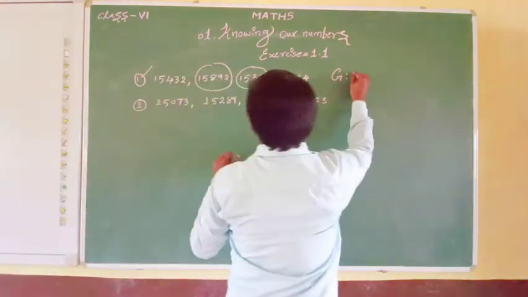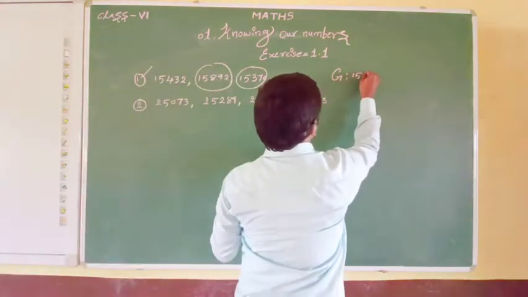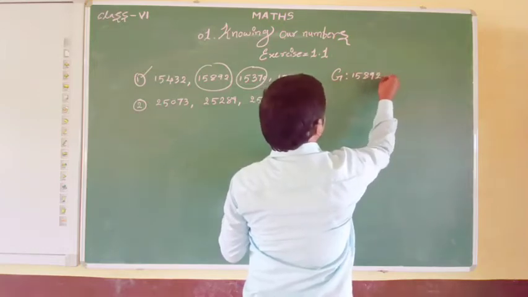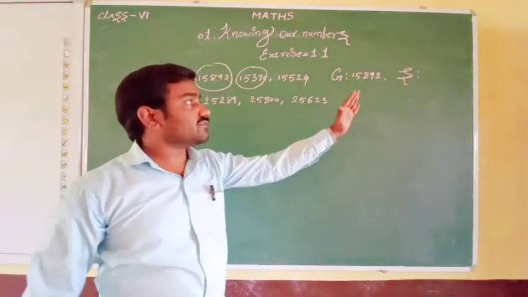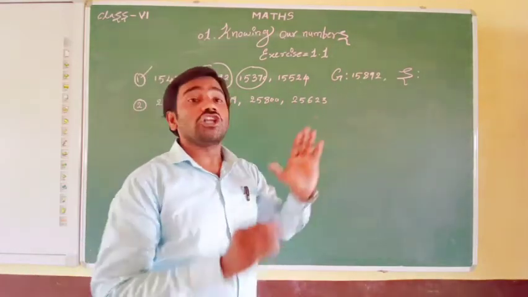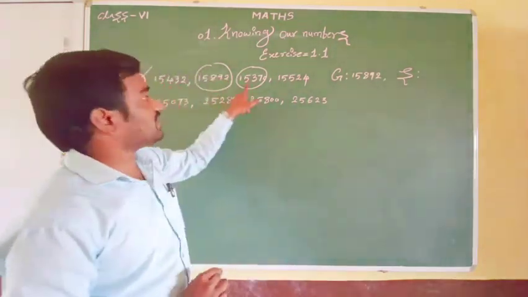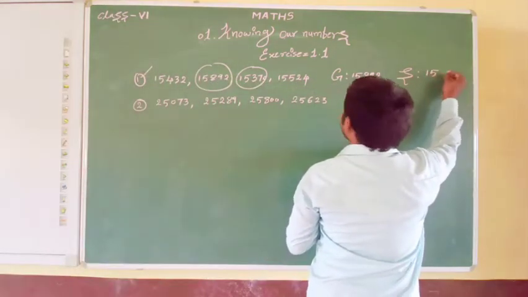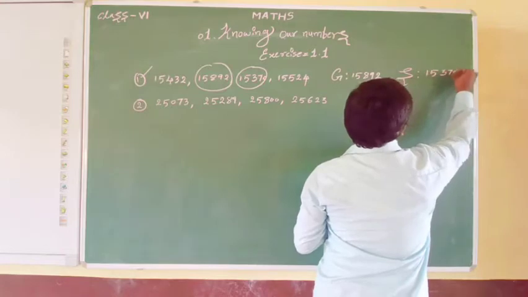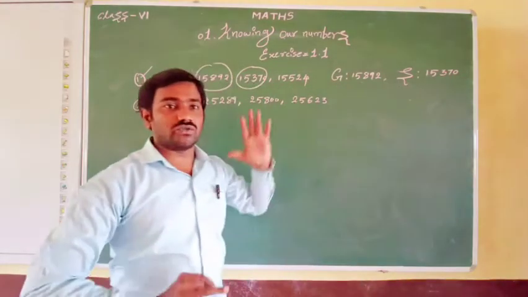So the greatest number among these 4 is 15,892. And the smallest one, I'll write as S. Yes, this is the smallest number, so the smallest number is 15,370. I hope you understood.